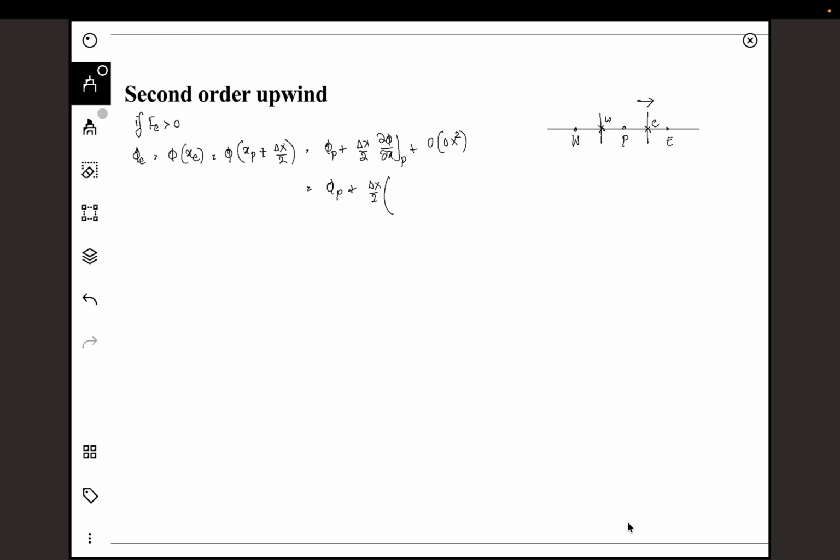So del phi del x evaluated at P, I can write using the central difference between east and west, where it becomes phi east minus phi w by 2 delta x, so that it will still be second order accurate. So if I write these terms together, this will be phi P plus phi east by 4 minus phi w by 4.